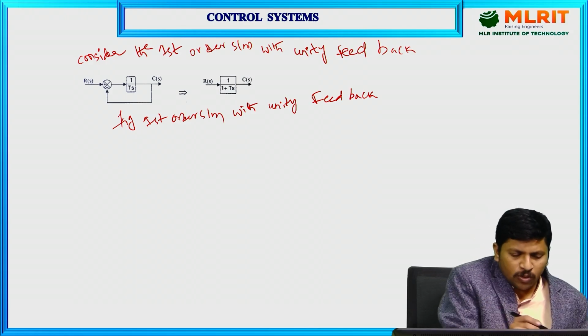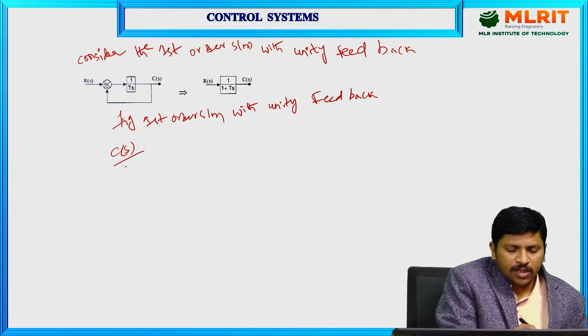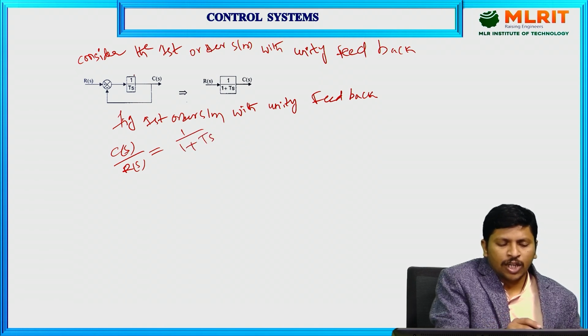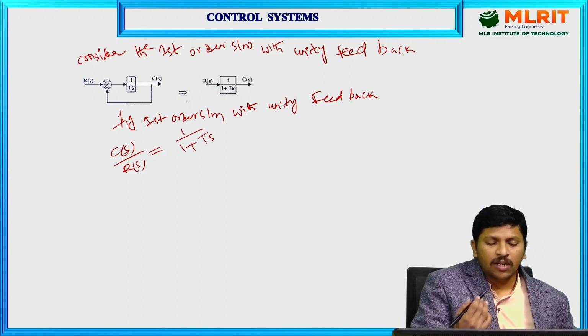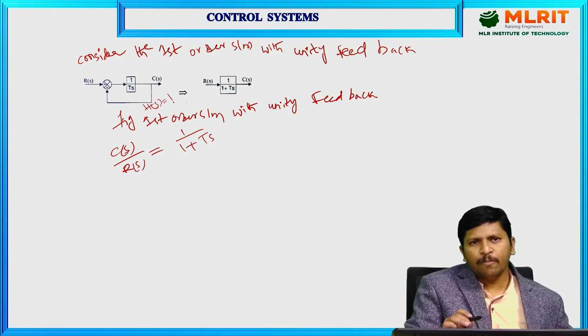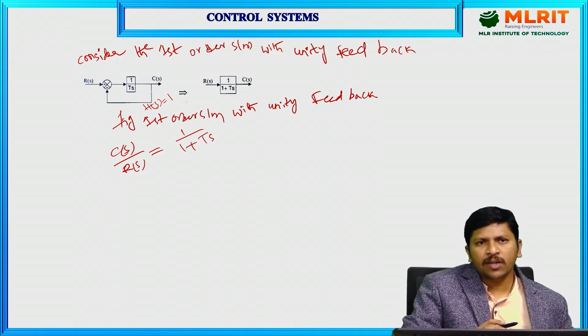Observe the transfer function of the given first order system: C of s divided by R of s is 1 by 1 plus sT. Once again, a shortcut for a unity feedback system, where H of s equals 1: for any unity feedback system, take the open loop gain numerator term and add it directly in the denominator, then you will get the transfer function of the closed loop control system.